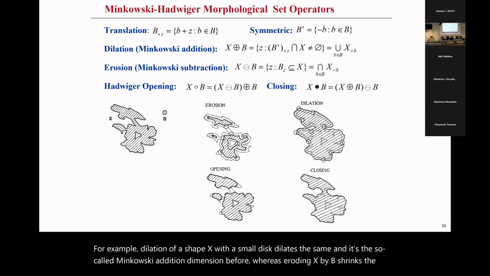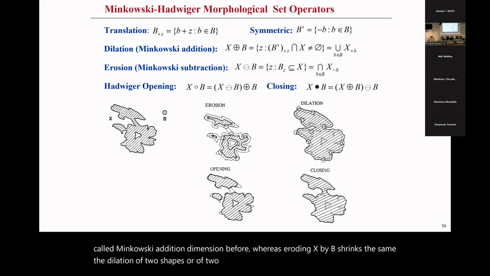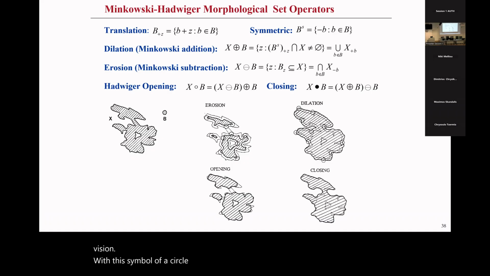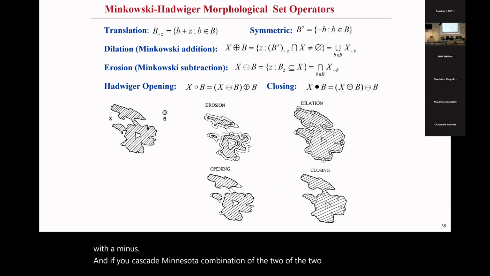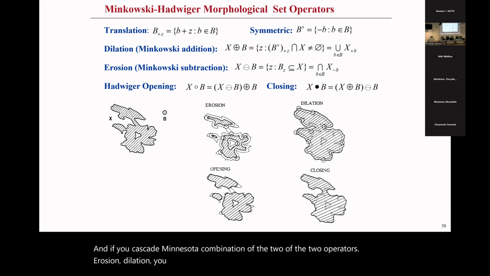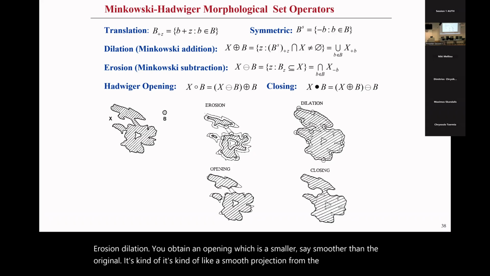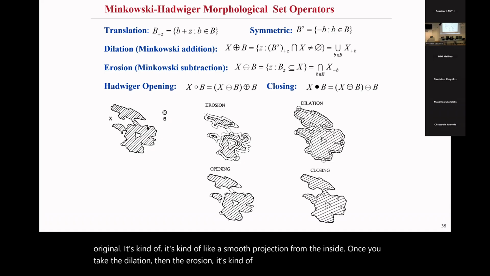The dilation of two shapes or of two signals is usually denoted in computer vision with this symbol of a circle with a plus, whereas the erosion is denoted with a circle with a minus. And if you cascade, meaning a serial combination of the two operators, erosion and dilation, you obtain an opening, which is a smaller shape, smoother than the original. It's kind of like a smooth projection from the inside. Whereas if you take the dilation and then the erosion, it's kind of a smooth projection from the outside.